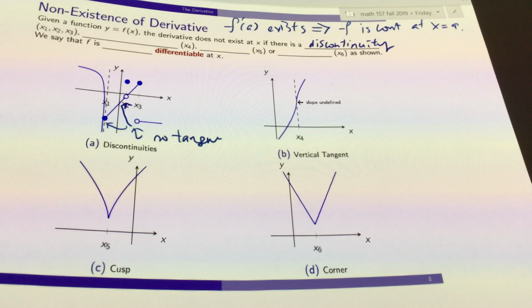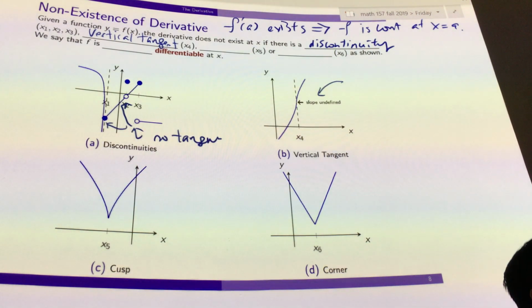Now the point x4 is called a vertical tangent. This is the case when you learned in high school that a vertical straight line has undefined slope, or sometimes people use infinity or negative infinity.